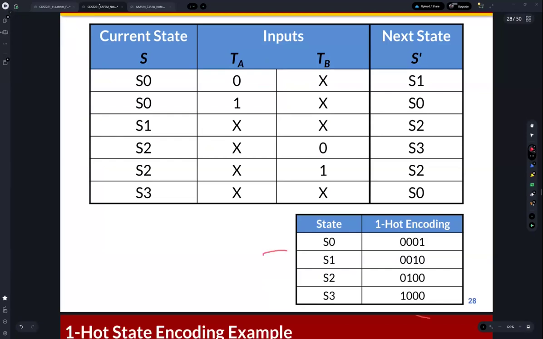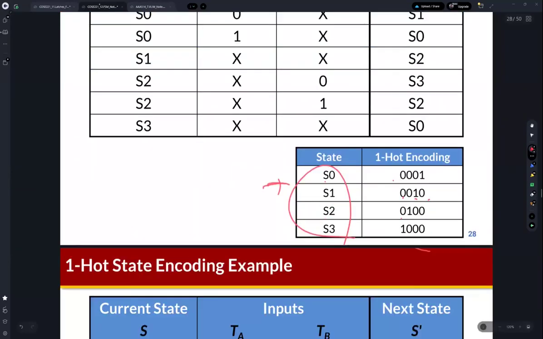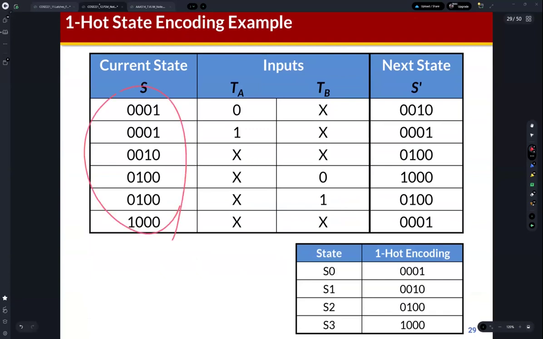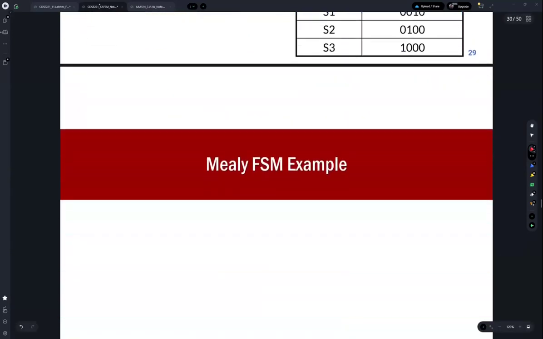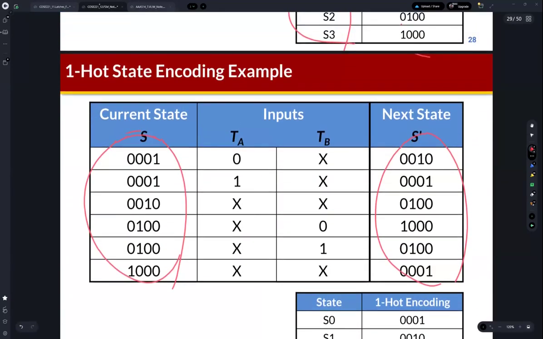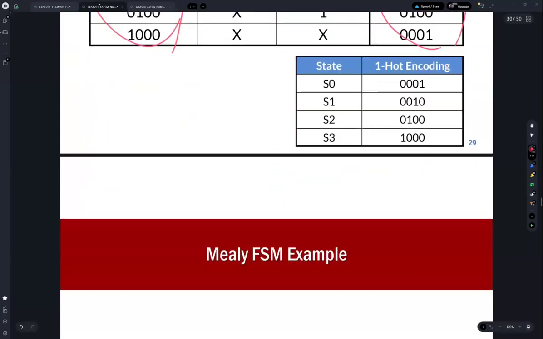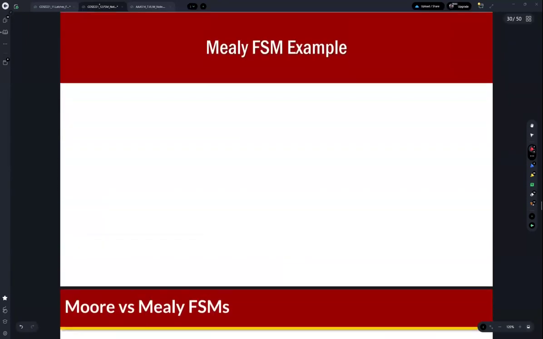We just use different encoding rules for the states, like 0001, 0010, 0100, 1000. Then we can replace the states using the binary values and complete the state transition table.